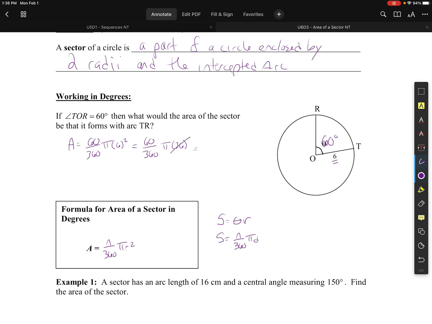Do some canceling: 6 pi, in this case, units squared. Alright, so the cleanest, best answer is if you leave it in terms of pi. I know a lot of people look at that and they hate it because it just doesn't seem like they're done. Do less work. Don't do 6 times pi. That is our best final answer.